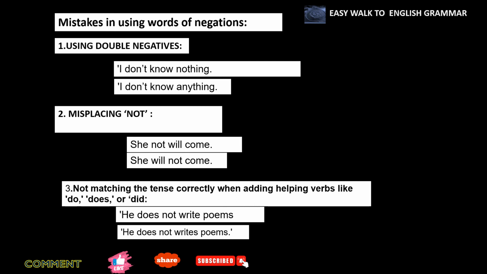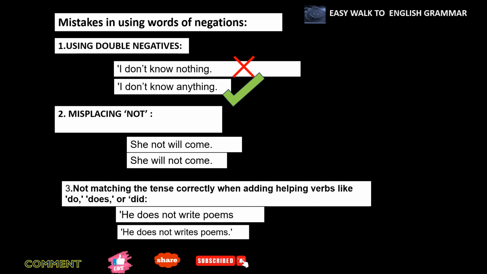A double negative happens when two negative words are used in the same sentence, which makes the sentence confusing. For example, if you say, I don't know nothing, it's incorrect because the two negatives, don't and nothing, cancel each other out and the sentence once again becomes affirmative. The correct sentence should be I don't know anything.